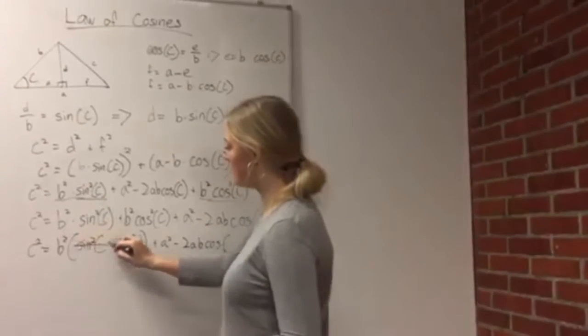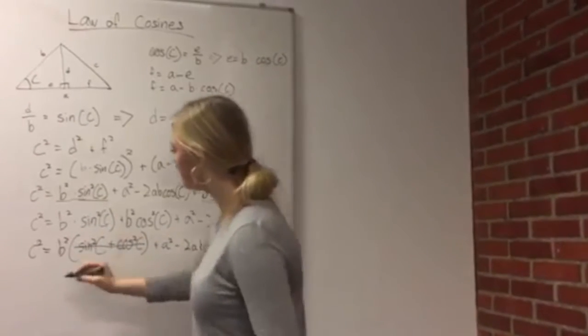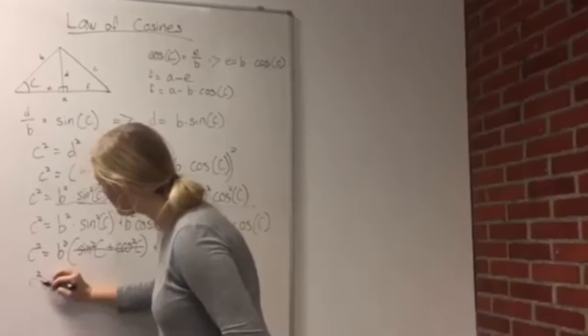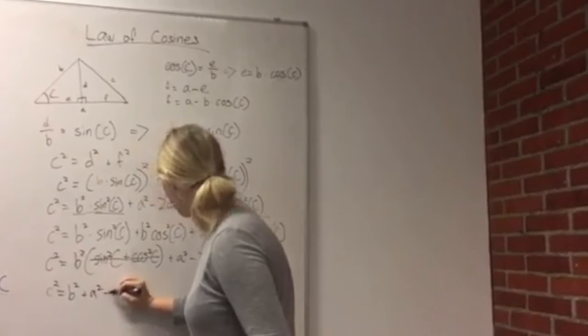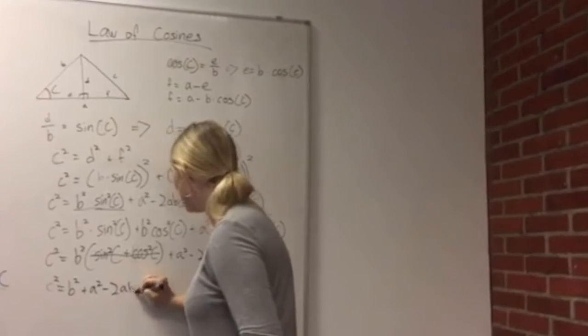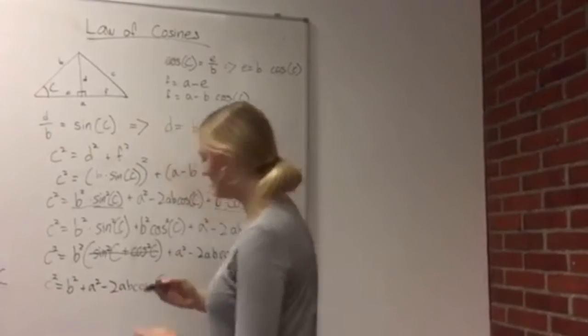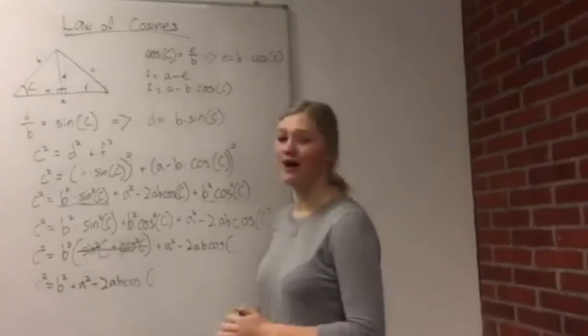So we can erase this one. And now what we have left is c squared is equal to b squared plus a squared minus 2ab cosine of C. And now you have the law of cosines.